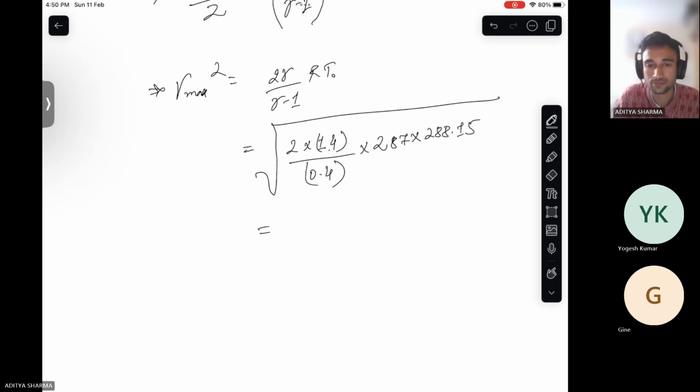2 into 1.4 into 288.15, divided by 0.4, and then 287, the answer comes to 760.85.